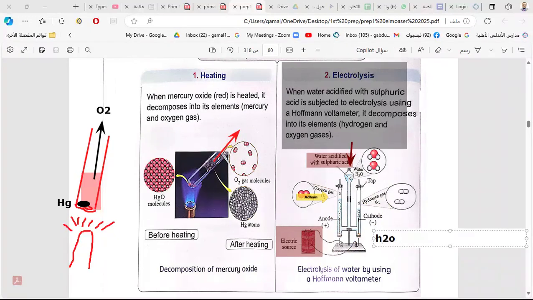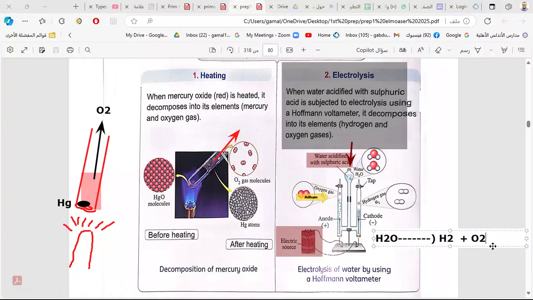Very good. It was H2O, but after electrolysis, it becomes H2 alone plus O2 alone. It is now separated.